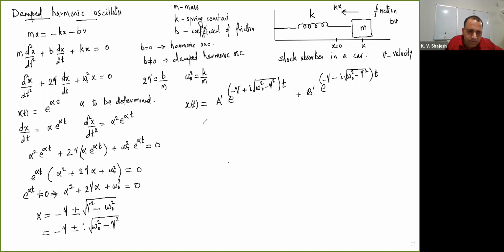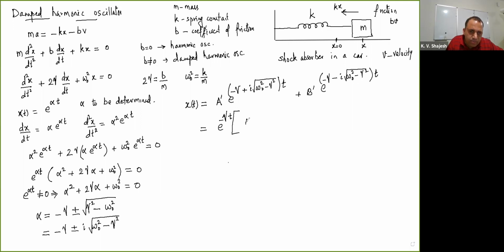Before that, I can bring out an exponential of minus gamma t. That's your damping. Anywhere that gamma is showing up, that's a characteristic of damping in this case. Right?